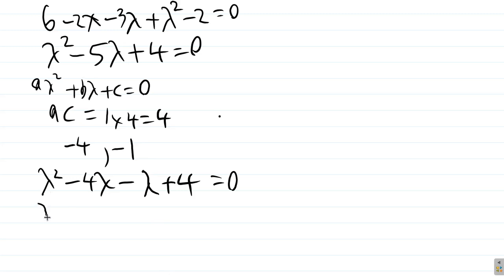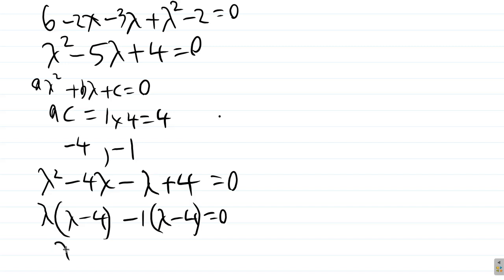Factorize this in groups now. Lambda minus 4, minus 1, lambda minus 4 equals 0. Let me put the minus 4 first: lambda minus 4, factor it out, open bracket, lambda minus 1 equals 0.